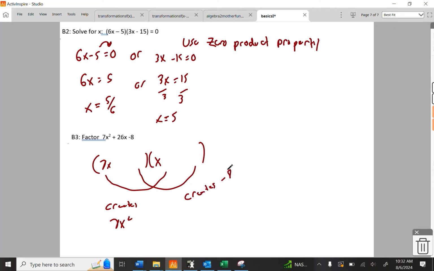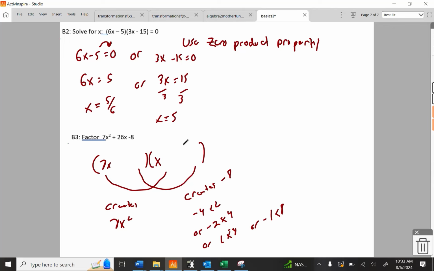And the way you can do that is you can say like negative 4 times 2 or negative 2 times 4, or you can do 1 times negative 8, or negative 1 times 8.